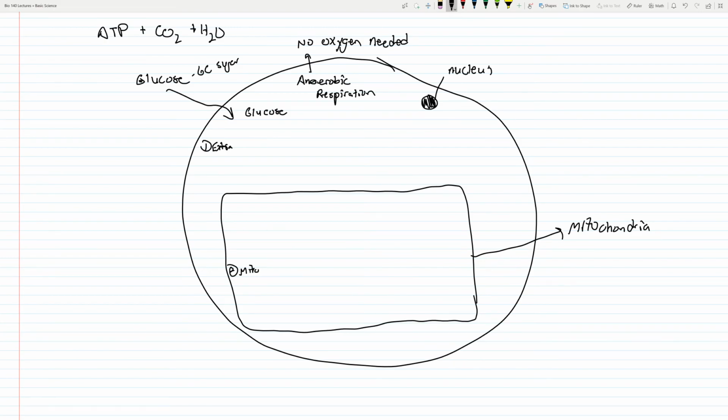It doesn't mean that there's no oxygen present, because if there was no oxygen present, that's called suffocation and you'll die. But you don't need it. It's not needed in order to do this. So glucose goes into the cell and immediately it's going to undergo what's called anaerobic respiration, specifically glycolysis.